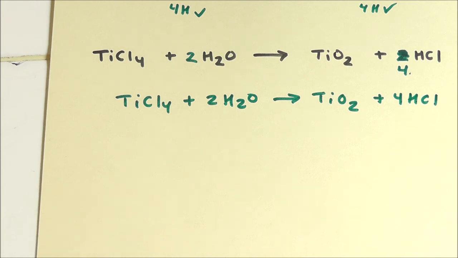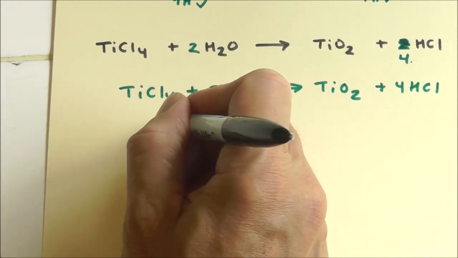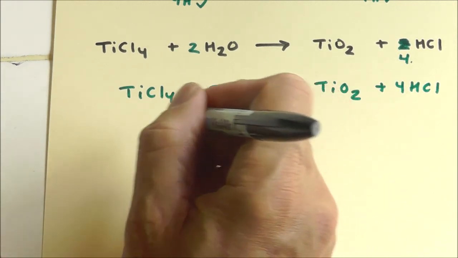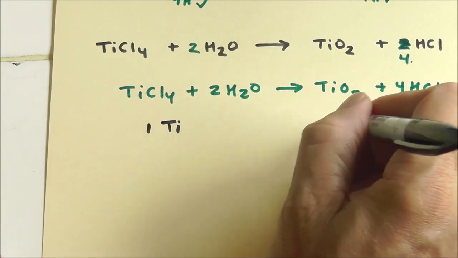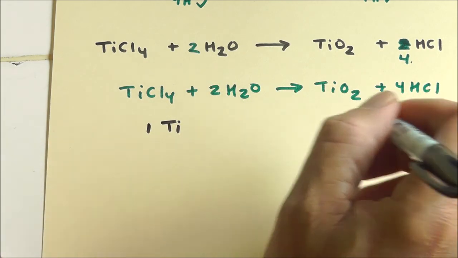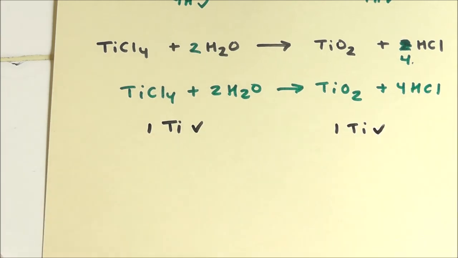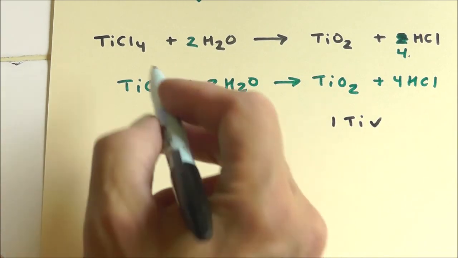So let's do that. Let's take one final inventory. It takes time and you feel like you did it right, but sometimes you'll catch yourself. I got 1 titanium, 1 titanium. Balanced. Titanium is balanced.